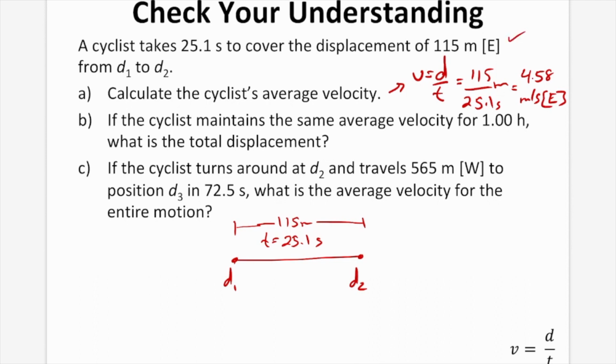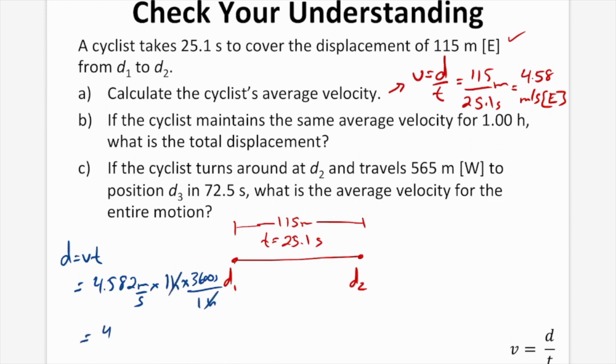B, if the cyclist maintains the same average velocity for 1 hour, what is the total displacement? To find displacement, we need to rearrange our equation. So displacement is going to equal velocity times time. The velocity we found was 4.58, that's actually 4.582 meters per second, times 1 hour. And then let's put that into seconds. So we're going to do our conversion. 3,600 seconds per 1 hour. Hours cancel out.